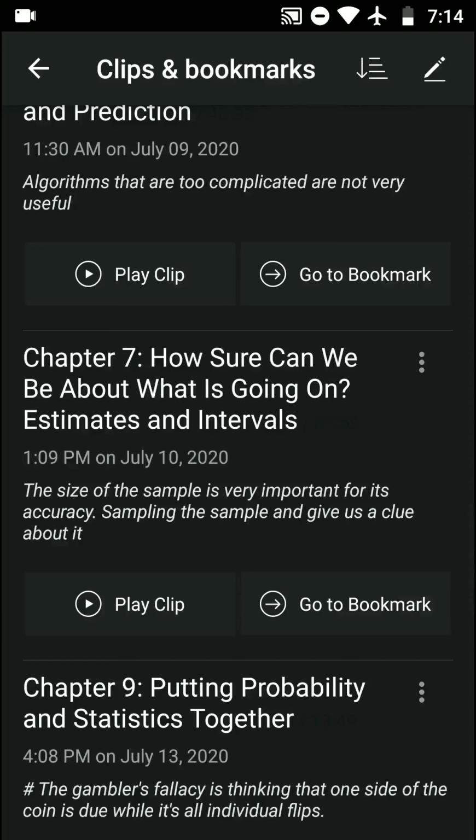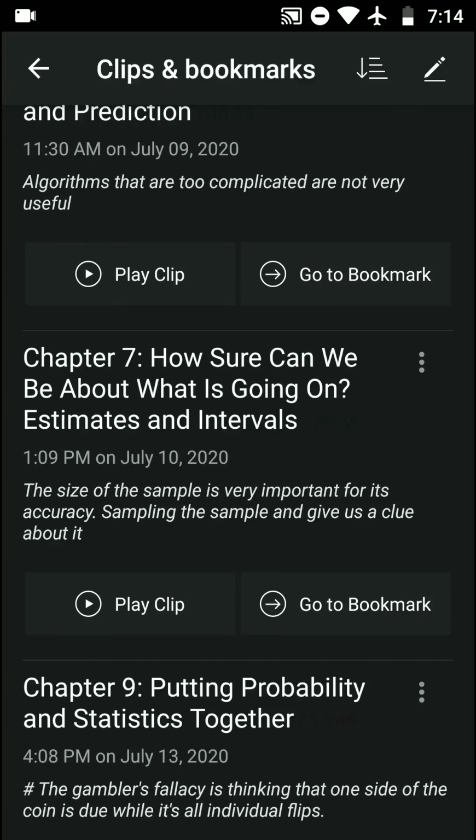The size of the sample is very important for its accuracy. Sampling the sample can give us a clue about it. The idea here is that the bigger the sample, the more accurate it is.